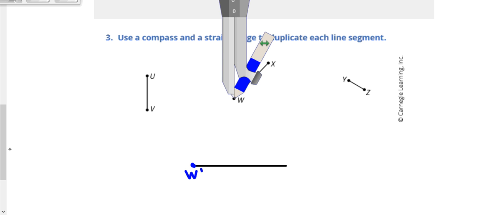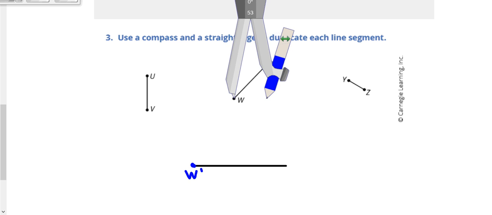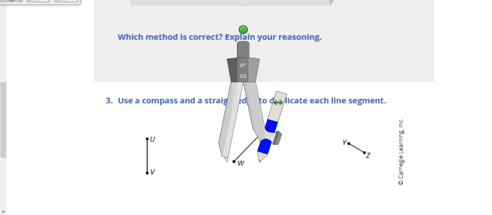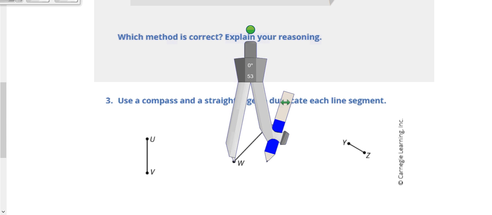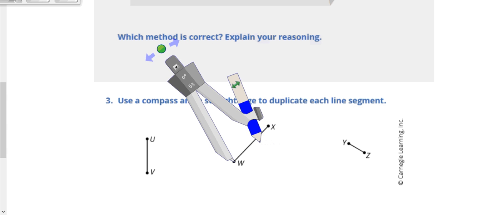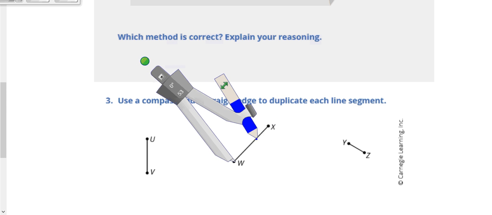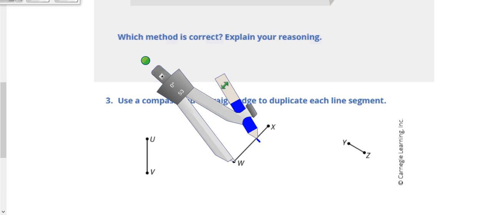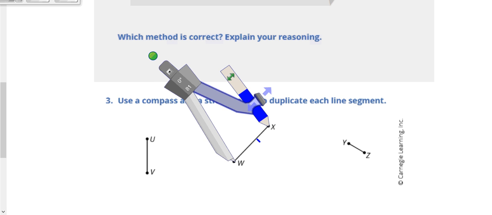Then I have to rotate this to where the pencil is on the other point. Like I said, sometimes the compass works for me, sometimes it doesn't. So pointy end is on W, pencil is on the other point. Then you do not touch it.